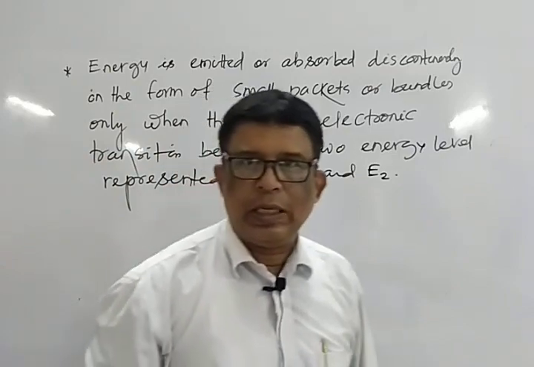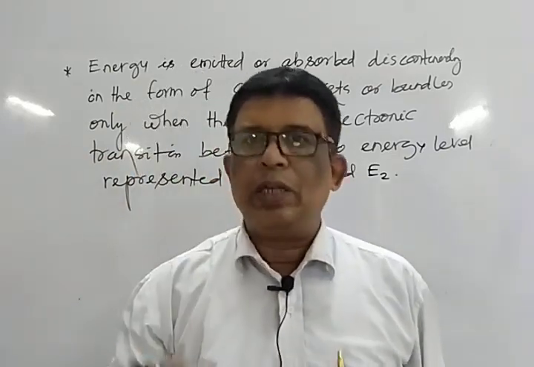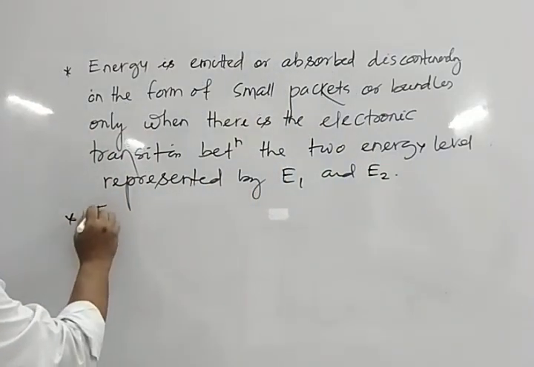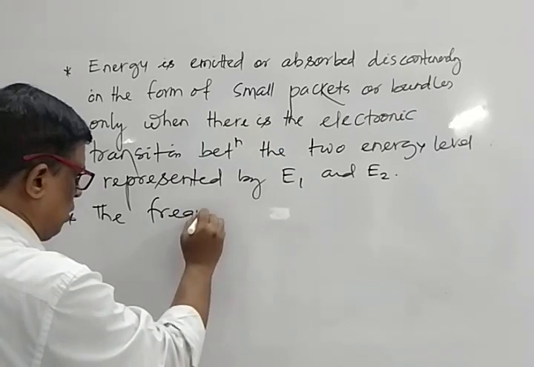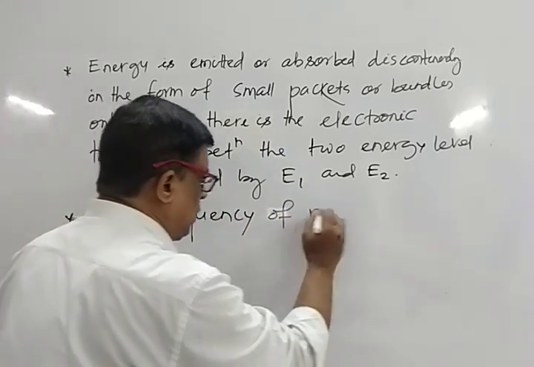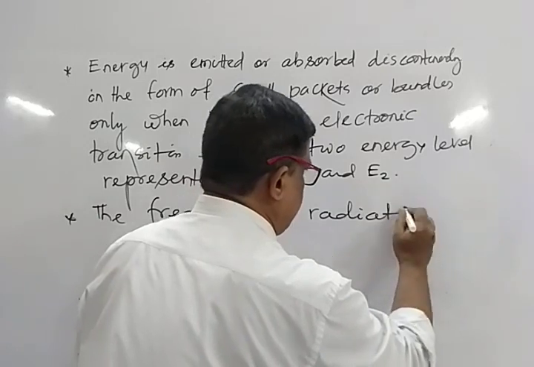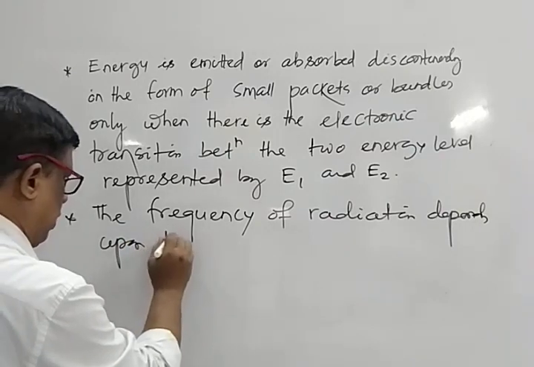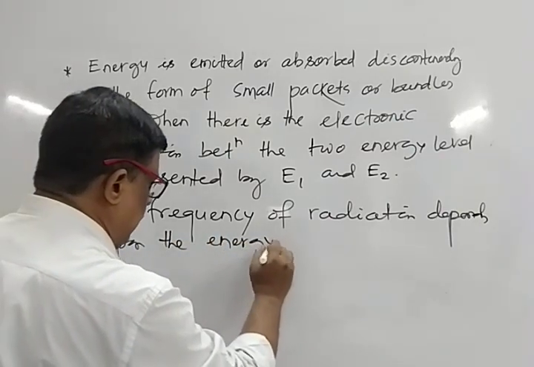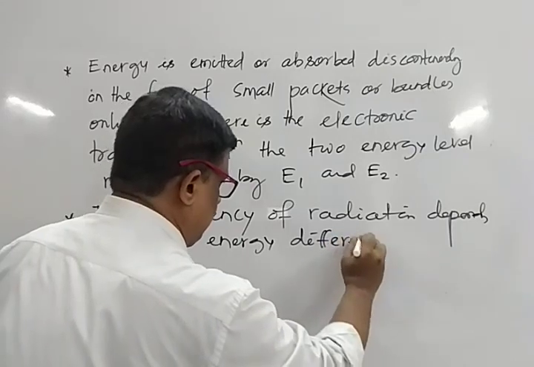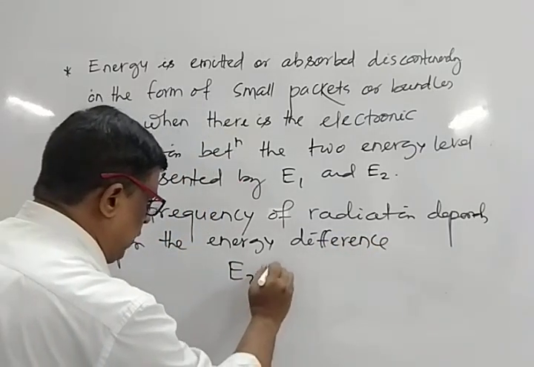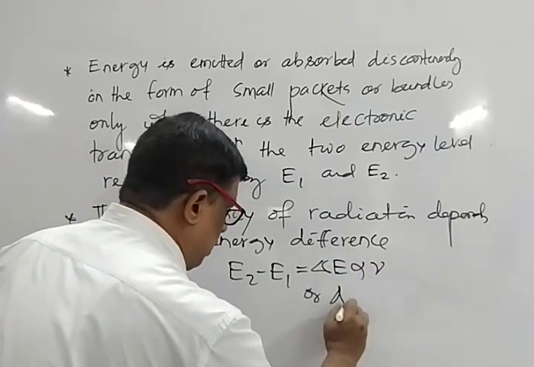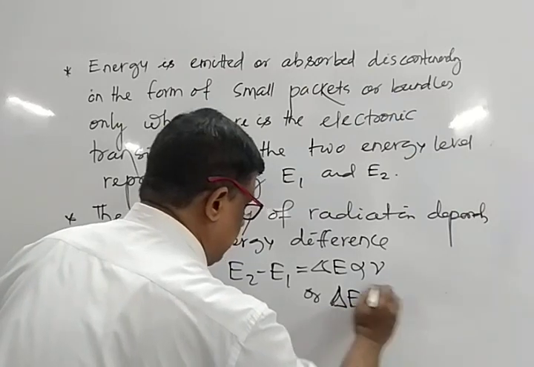If the lower energy is represented by E1 and the higher energy by E2, then next point: the frequency of radiation depends upon the energy difference, that is E2 minus E1 is equal to delta E proportional to nu, or delta E is equal to h nu.